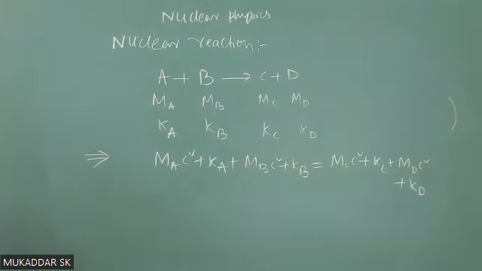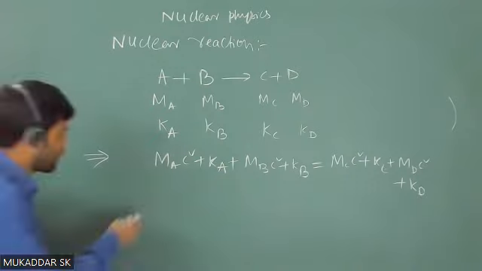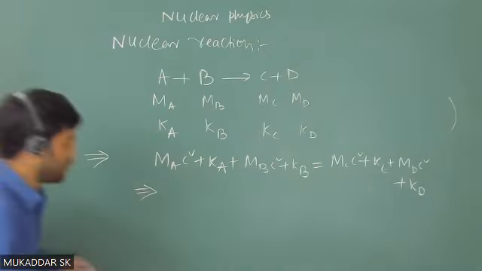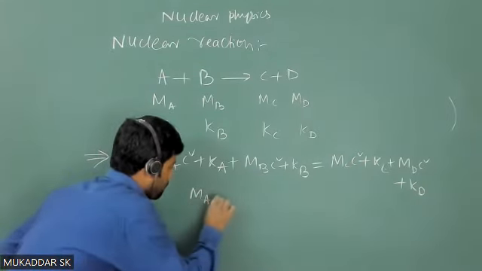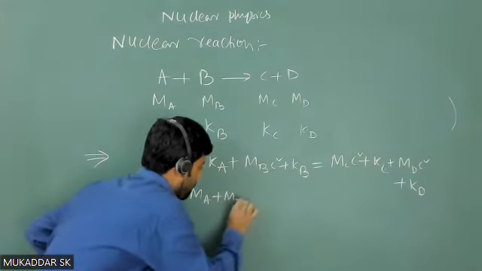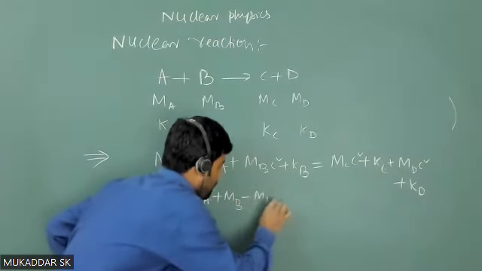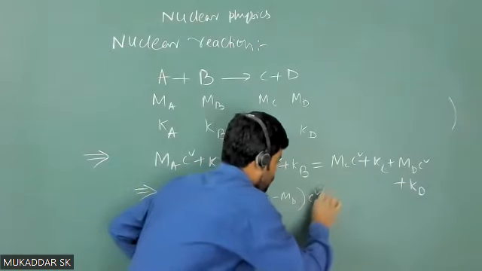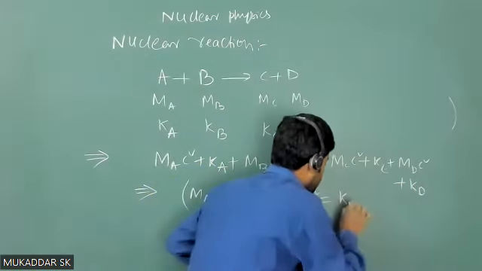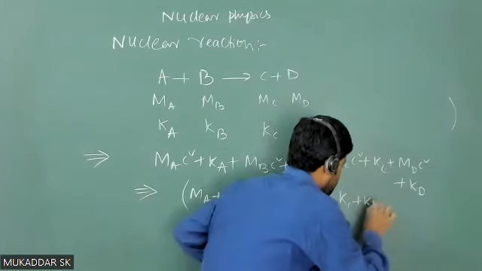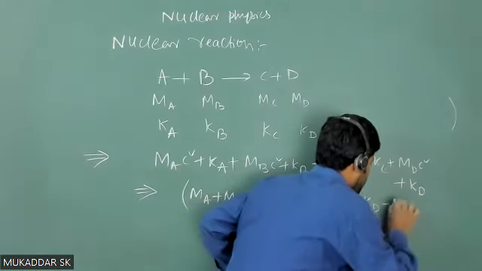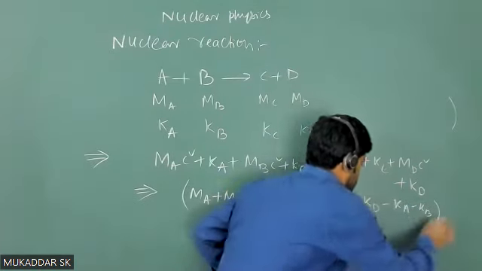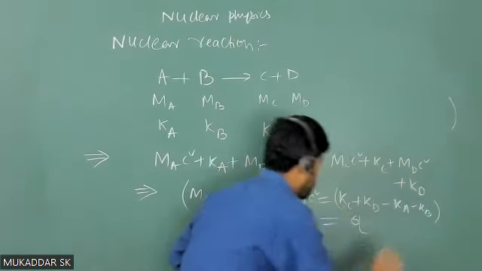Now, if I bring the rest mass terms to one side and the kinetic energy terms to the other side, I can write (Ma plus Mb minus Mc minus Md) into C square equals Kc plus Kd minus Ka minus Kb, and this is defined as the Q value.